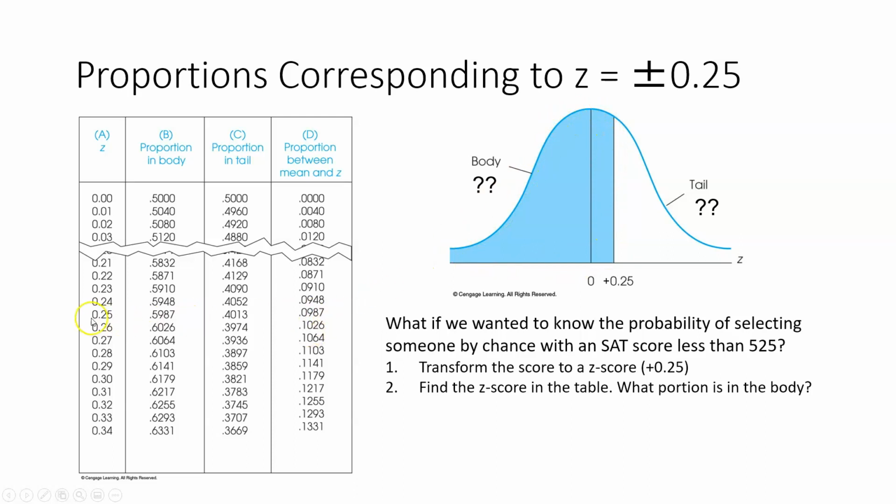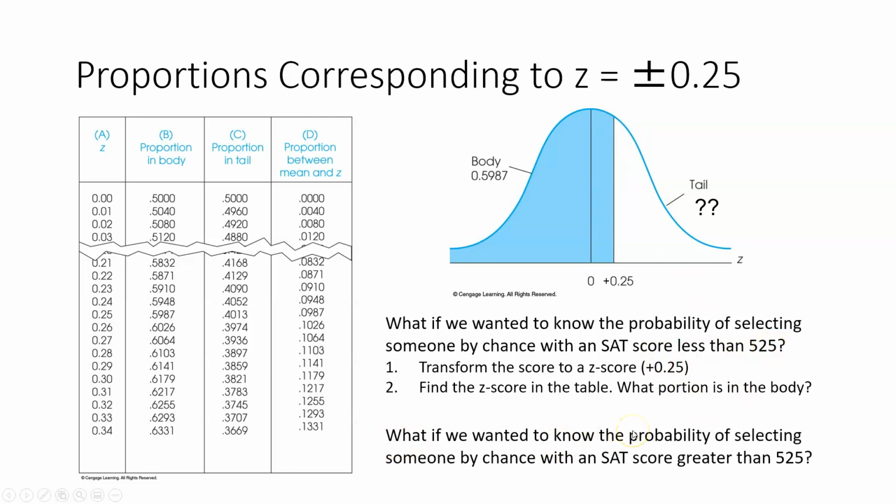So we could go over to the table, find 0.25, and the proportion in the body, column B, is 0.5987. 59% of the scores fall below 0.25. So 59% is the likelihood of getting somebody less than an SAT score of 525.